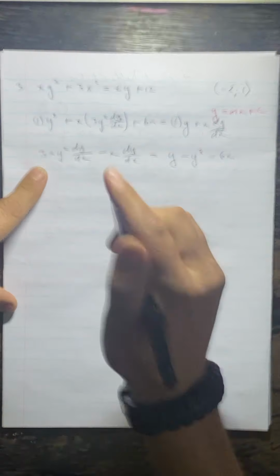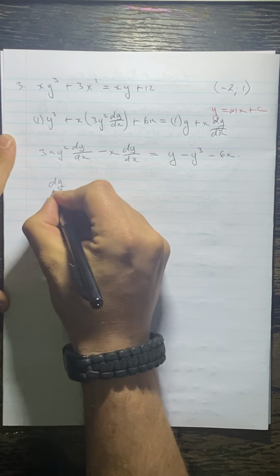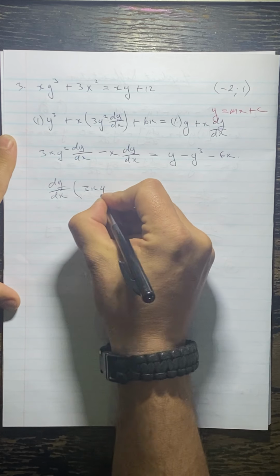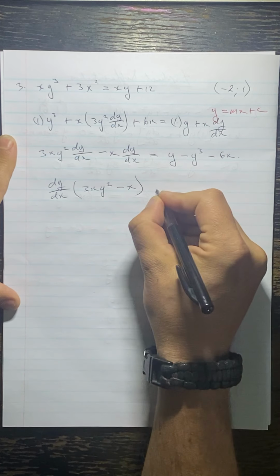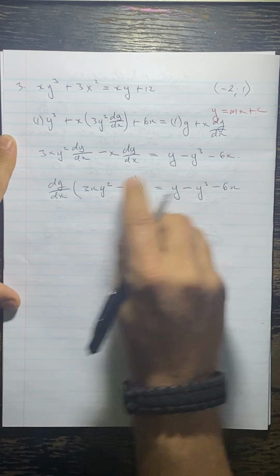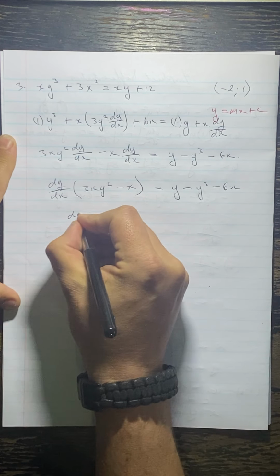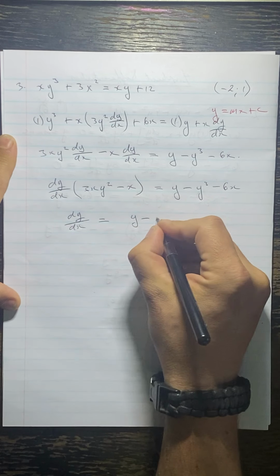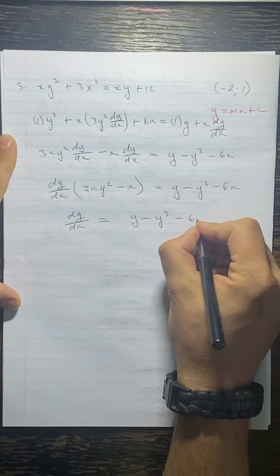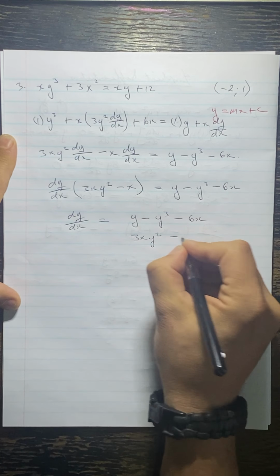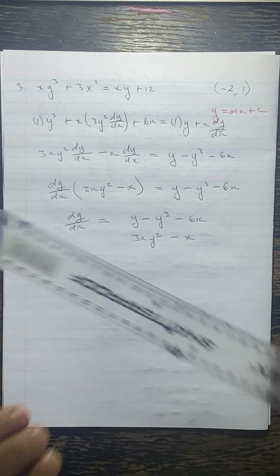Okay, take out the common factor. Y minus y cubed minus 6x. Divide through by the bracket. All over 3xy squared minus x.